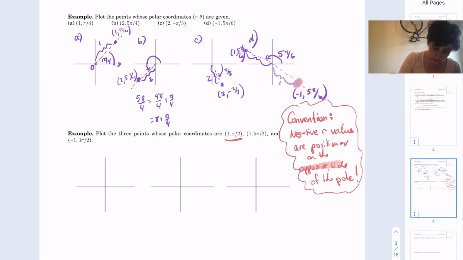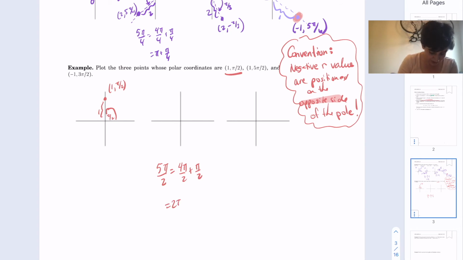Let's do 1, pi over 2. So pi over 2 is here, and call this 1. So this is the point 1, pi over 2. Great. 5 pi over 2. Okay, 5 pi over 2 is equal to 4 pi over 2 plus pi over 2, which is equal to 2 pi plus pi over 2.